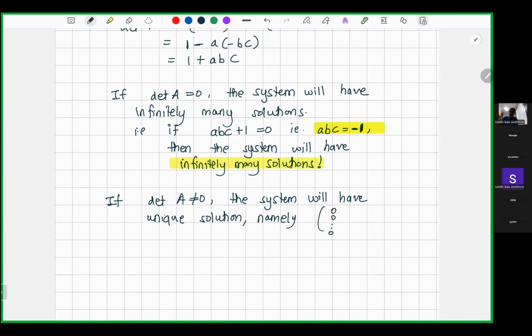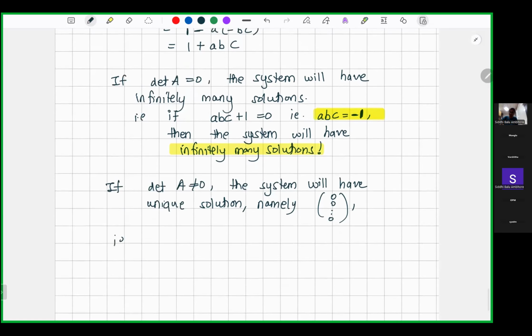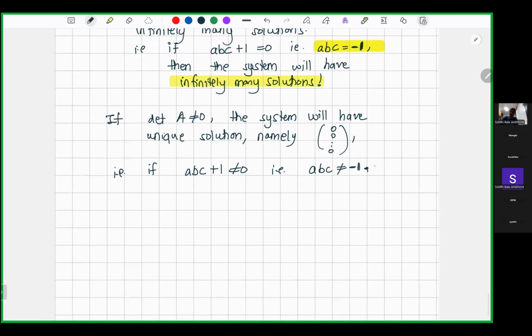That is, if ABC plus 1 is non-zero, that is, my product ABC is not equal to minus 1, then the system has a unique solution. Is this okay?